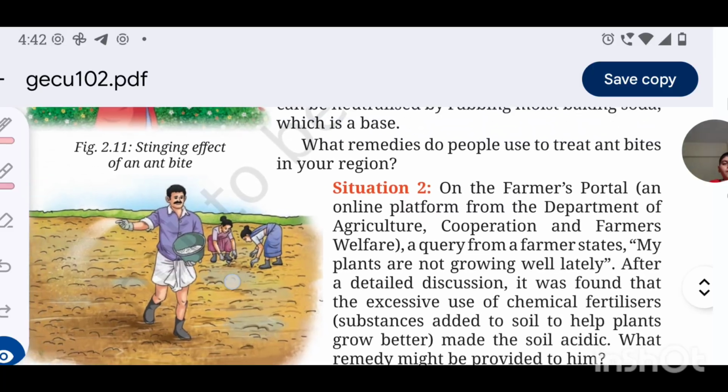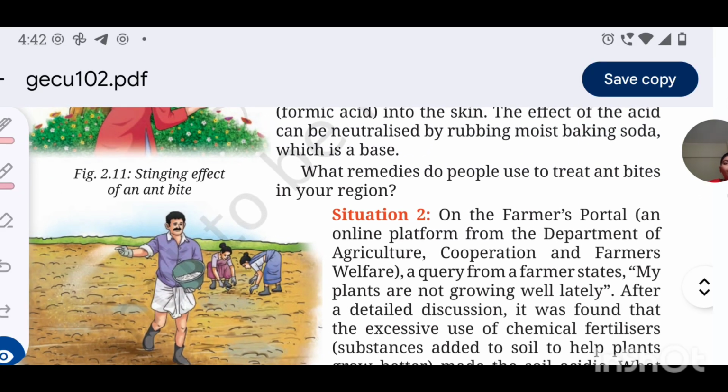Okay, situation 2. On the Farmer Portal, an online platform of the Department of Agriculture, Cooperation and Farmers Welfare, a query from a farmer states, my plants are not growing well lately.